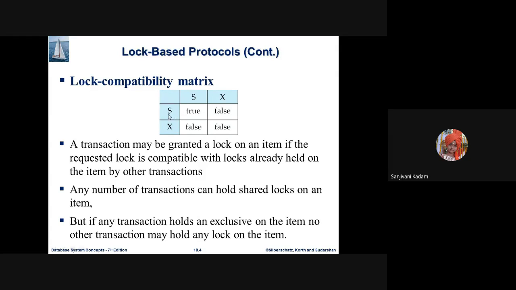Now, consider transaction T1 holding a shared lock and there is a request for an exclusive lock. It means that another transaction T2 is willing to read a data item as well as perform changes and write back the result.